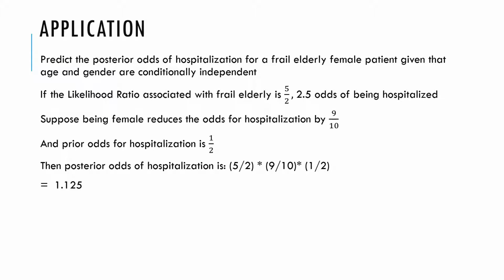If the likelihood ratio associated with frail elderly is 5/2, thus its odds ratio is 2.5, and being female reduces the odds of hospitalization by 9/10, whilst at the same time our prior odds for hospitalization is 1/2, then the posterior odds of hospitalization is 5/2 times 9/4 times 1/2, which is 1.125.